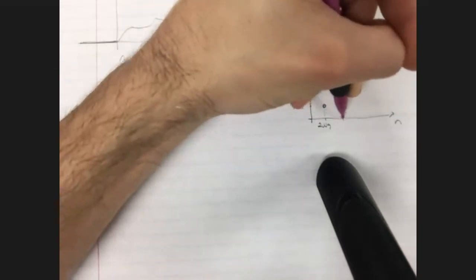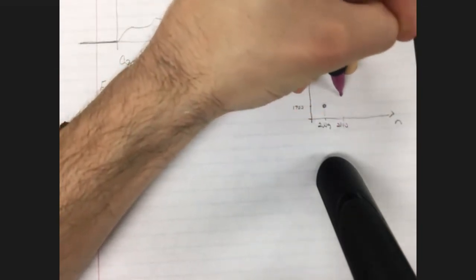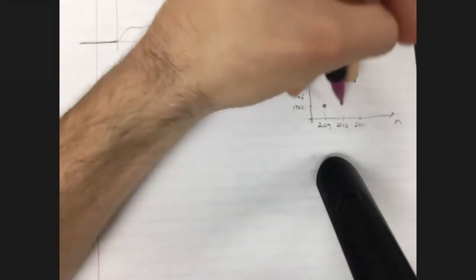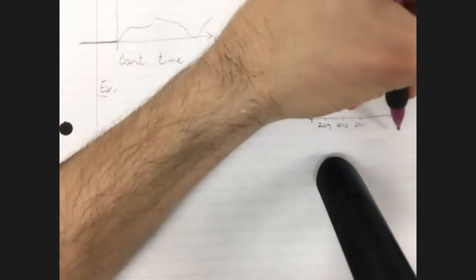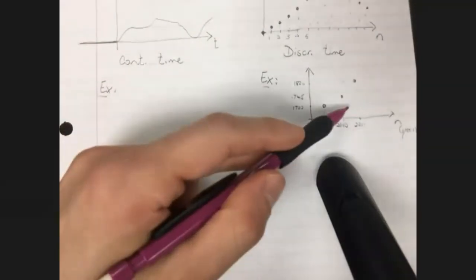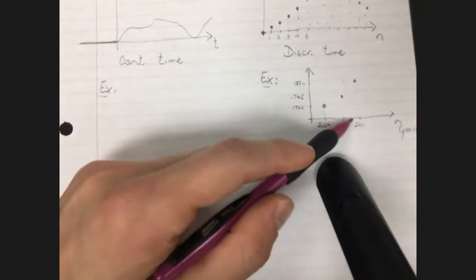And maybe in 2010 you had 1745. And maybe in 2011 you had even more students, like 1820 or whatever. So over here, if n in this case is years, it doesn't make sense to think of a year between 2009 and 2010. There's just nothing in between, right? So by its very nature, the time is going to be discrete.